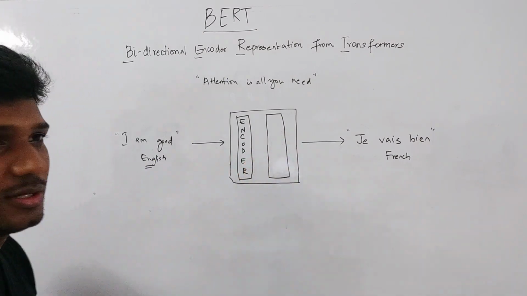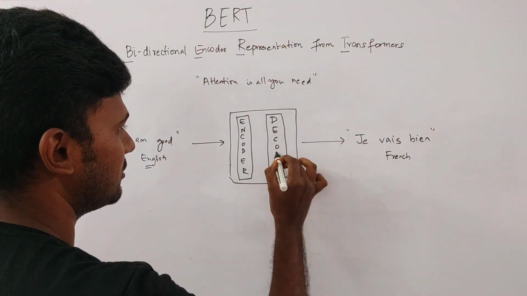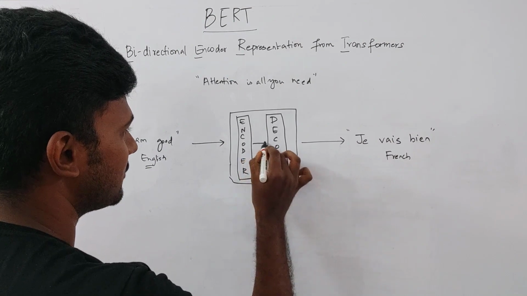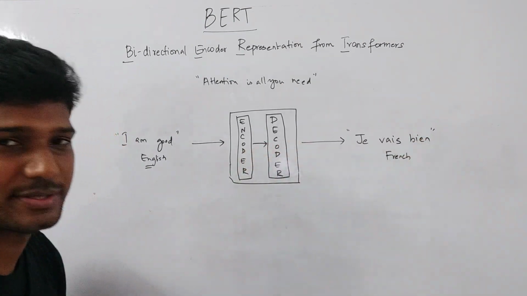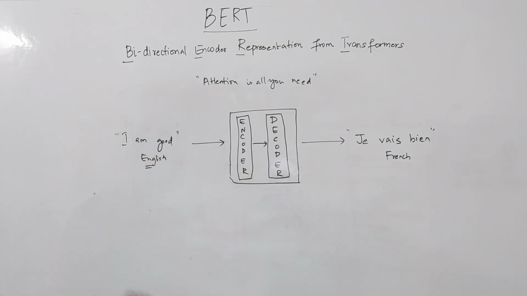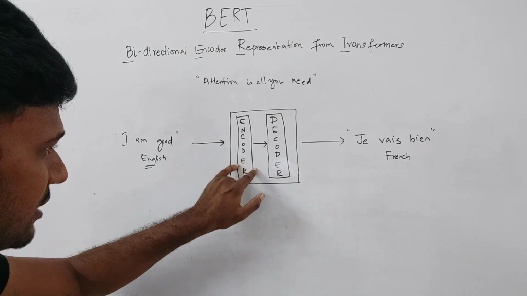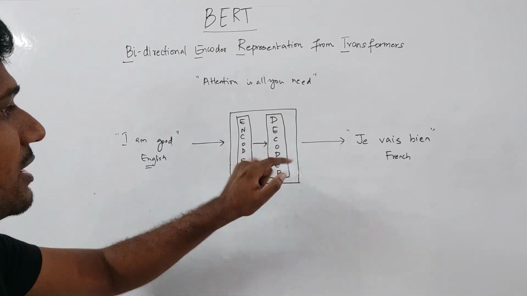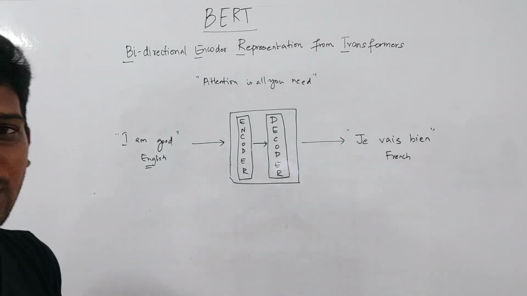The second component is called a decoder. The representation of the encoder is sent to the decoder, and the output of the decoder is the French sentence. Okay, let's now dive deep. The English sentence is sent into the encoder, and this encoder sends some representation to the decoder, and this decoder outputs the final French sentence.